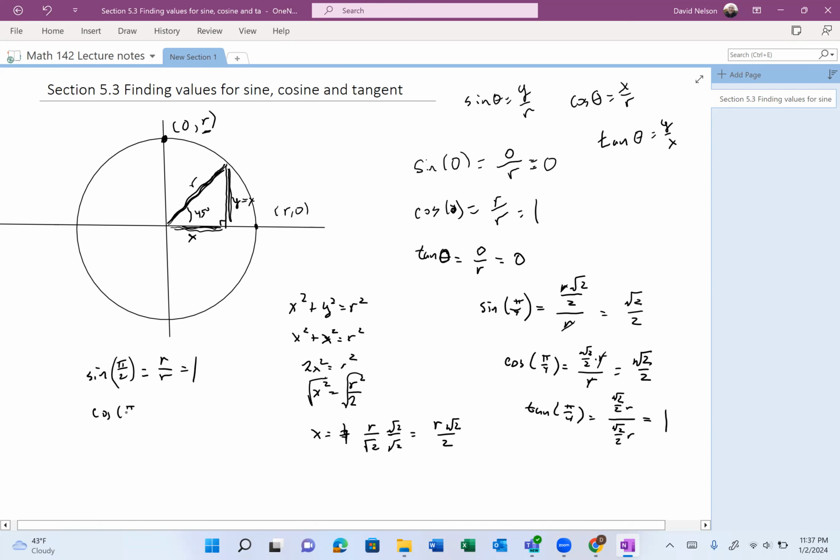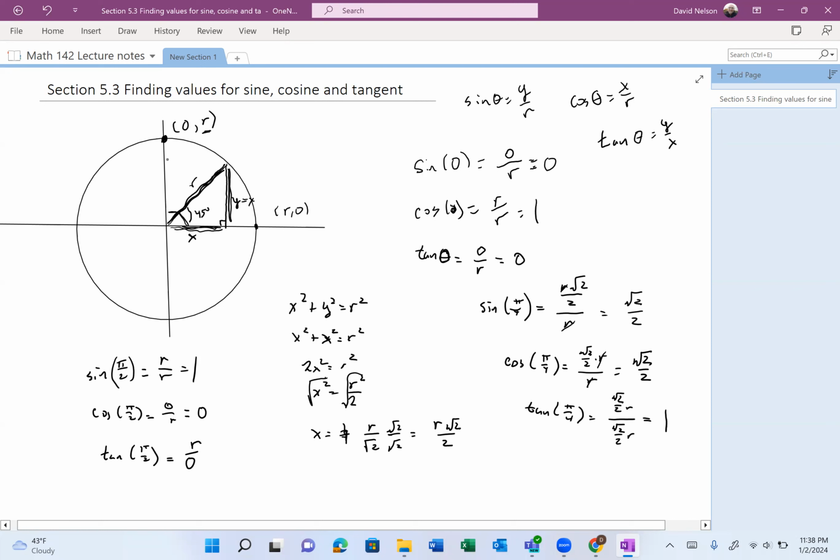Cosine of pi over 2 would be 0 divided by r. The x-coordinate is 0 at an angle of 90 degrees in the standard position, or an angle of pi over 2 in the standard position, and 0 divided by r is just 0. And finally, the tangent of pi over 2, well, that's going to be r divided by 0.